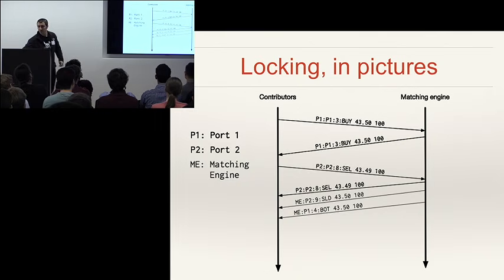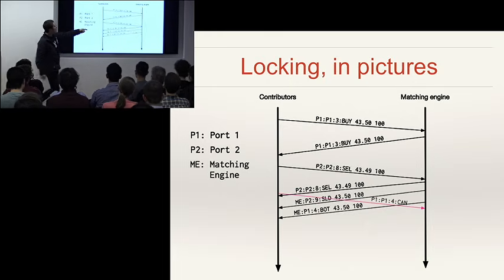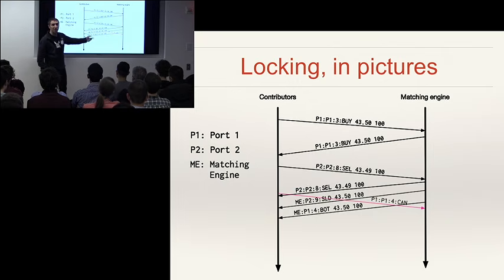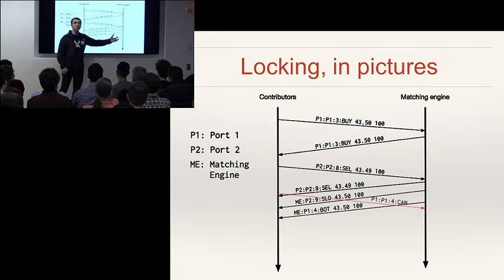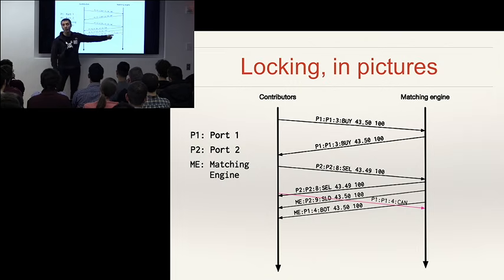So what's an instance of a collision that we could have here? P1, actually at this time, not knowing that this transaction happened, tries to generate a cancel. He tries to pull that order back from the market, right? Well, as far as he's concerned, that's sequence number 4, right? He sends it to the matching engine. The matching engine looks at it and says, is 4 the next sequence number for P1? No, it's not, right? 4 has already happened.